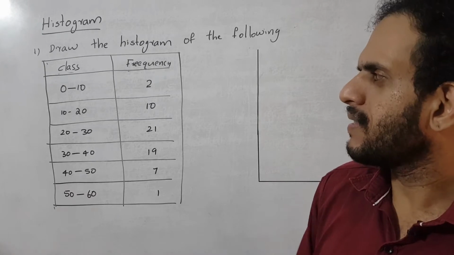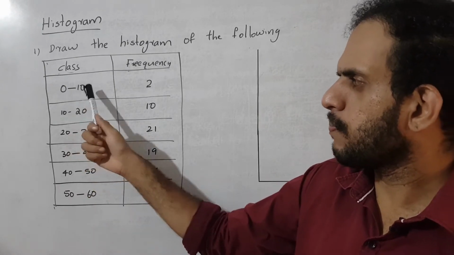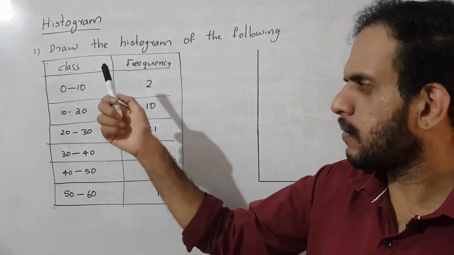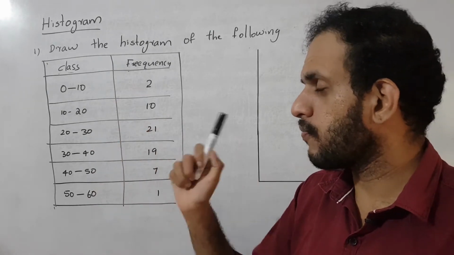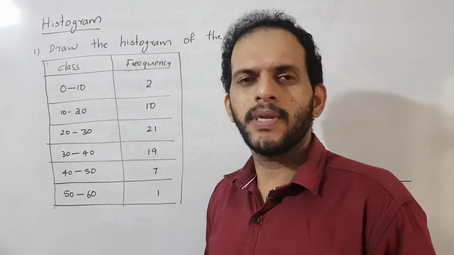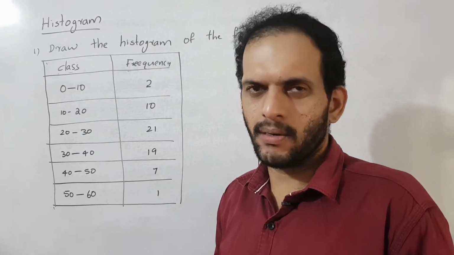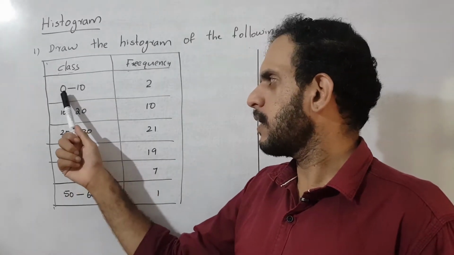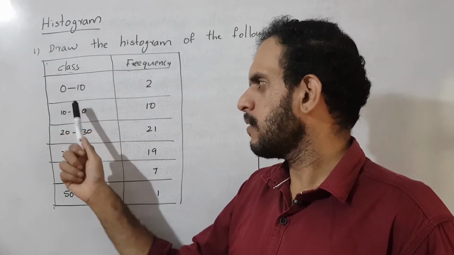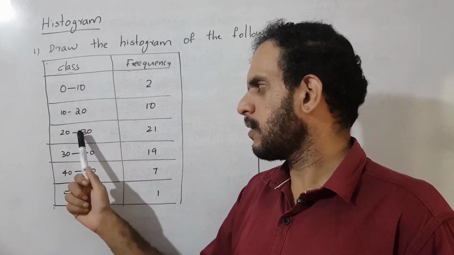So what is the difference between the boundaries of each class? The difference is 10, correct? In the first class, the difference of 10 and 0 is 10, 20 and 10 is 10, 30 and 20 is 10.